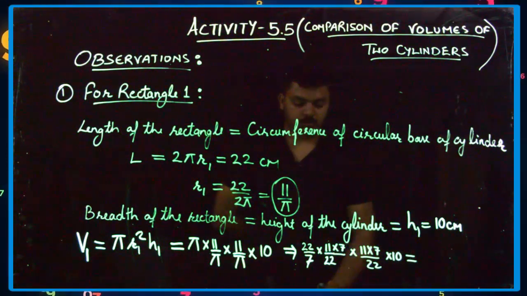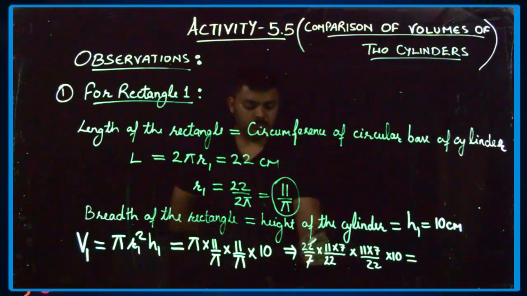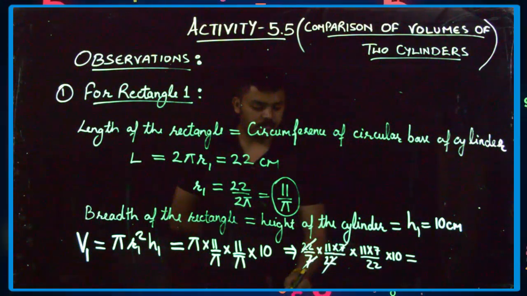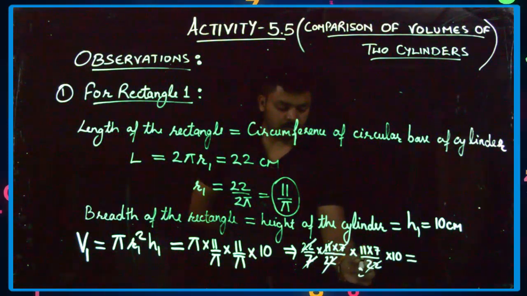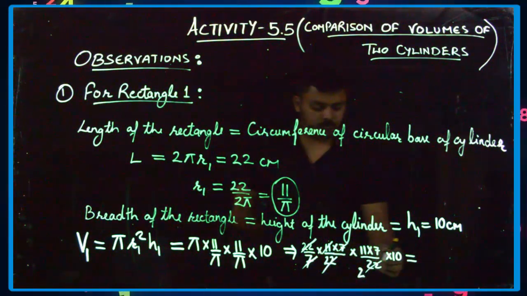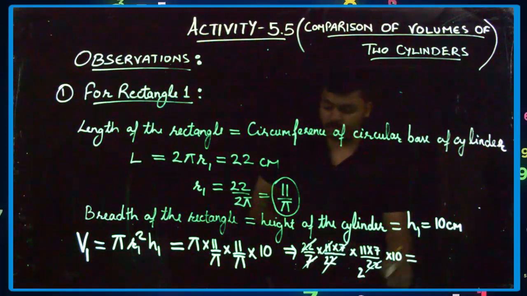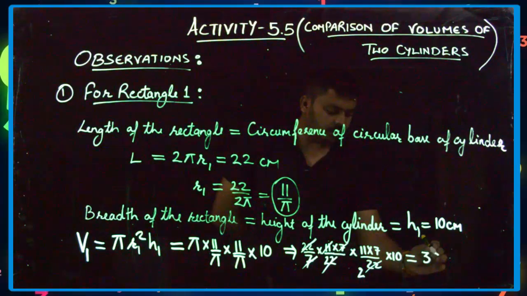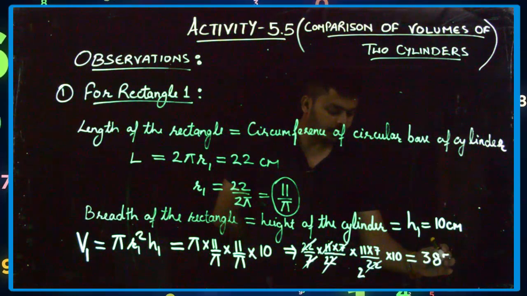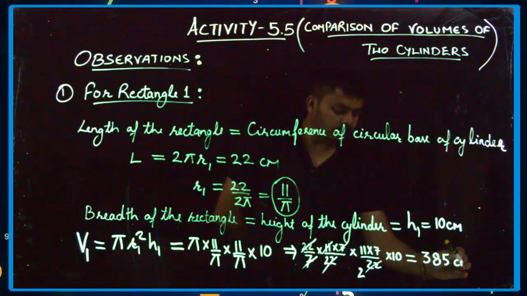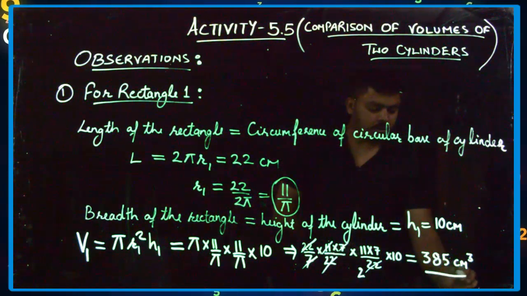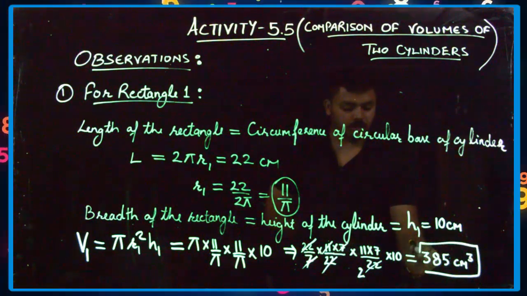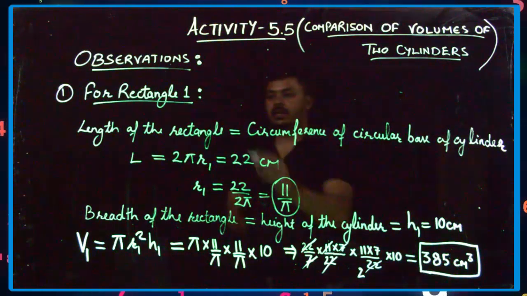Cancel 22 by 22, 7 by 7, 11 into 2 is 22, 5 into 2 is 10, it becomes 385 centimeter cube. So this is the volume of our first cylinder formed by rectangle 1.